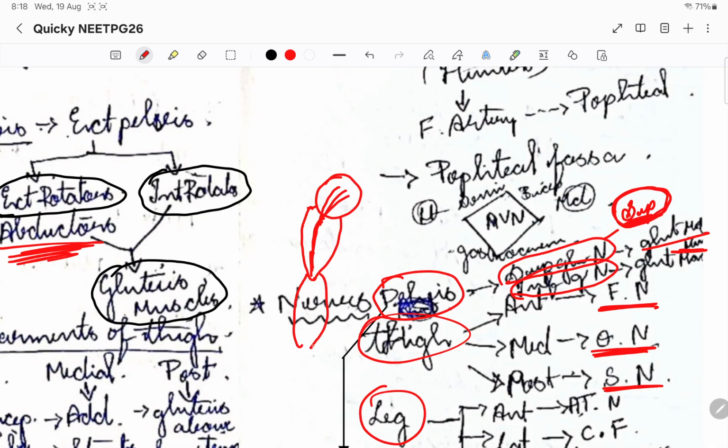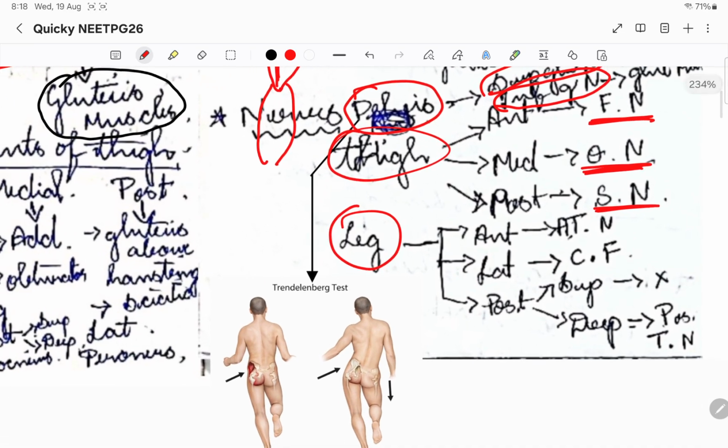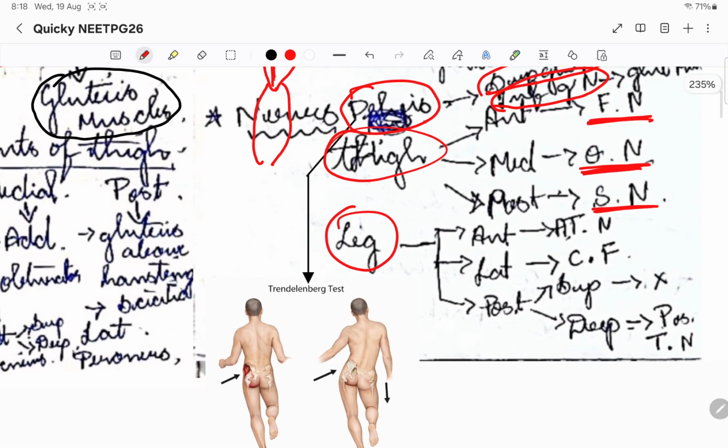Then coming down to the leg, I told you there are compartments: anterior, lateral, and posterior. The anterior compartment is supplied by the anterior tibial nerve, whereas the lateral compartment is supplied by the common fibular nerve, or the common peroneal nerve.